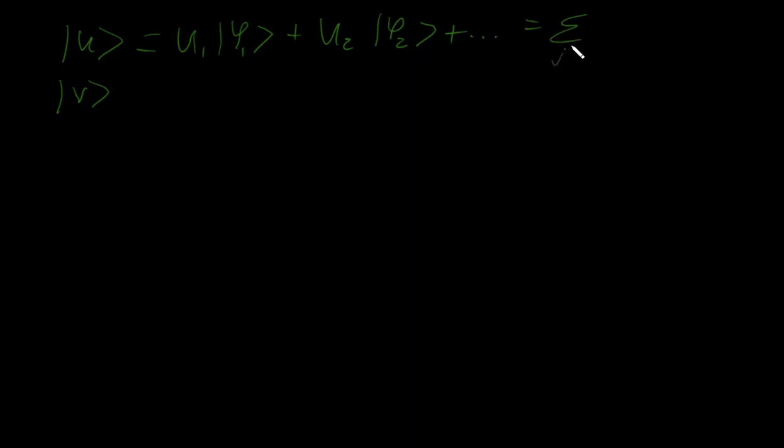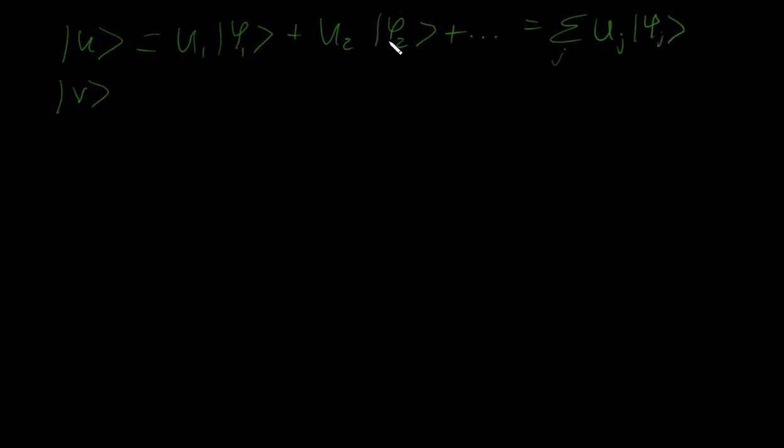Now, talking more about the superposition, let's look at what we did in the vector space in section 2. If I have two vectors, u and v, then u is u1 phi 1 plus u2 phi 2 plus dot dot dot, which we can write as the sum over all possible values of j of u sub j phi sub j.